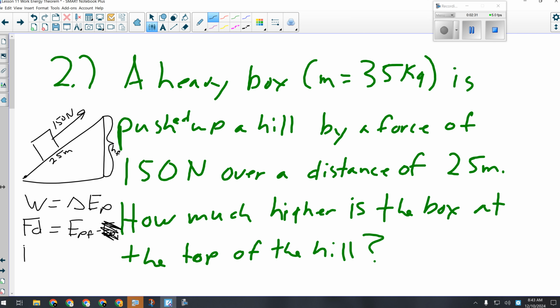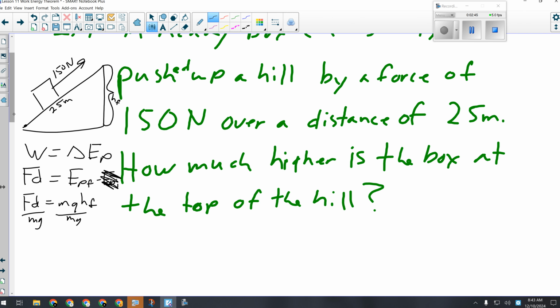That's going to mean force times distance equals m times g times h final. How do I get h final by itself? Divide both sides by m times g. So when I do that, I am going to have 150 newtons times 25 meters divided by 35 kilograms, right? Yeah. 35 kilograms times acceleration due to gravity, 9.81.